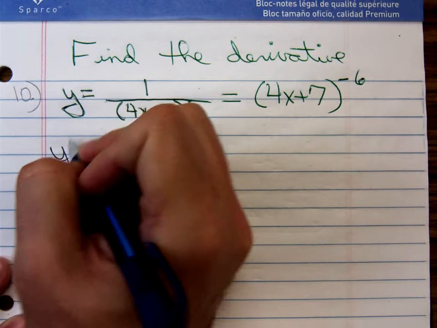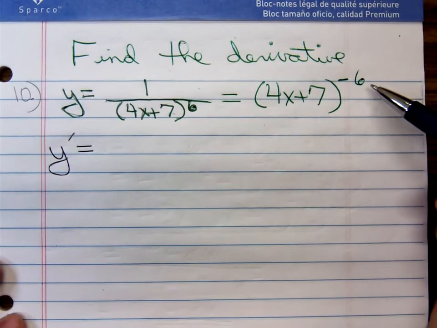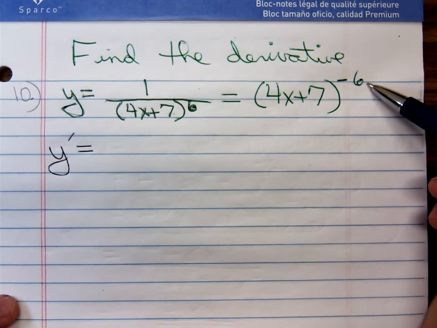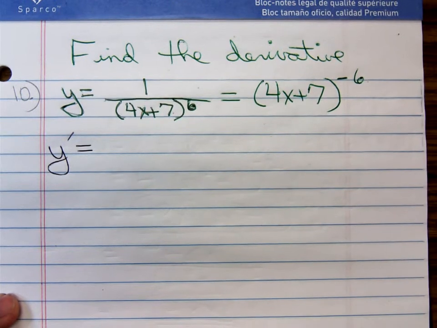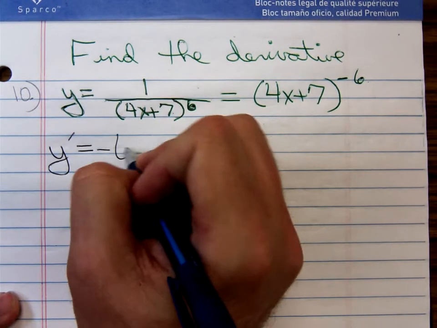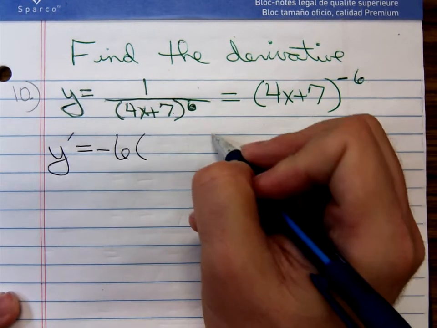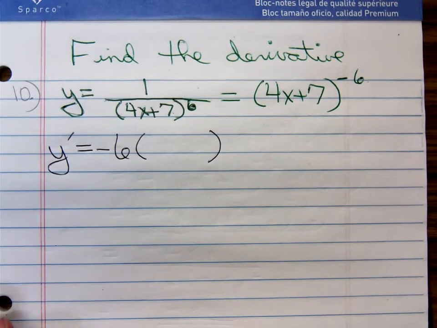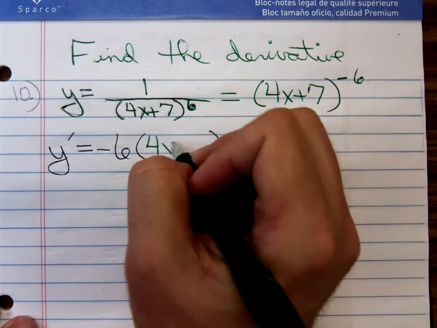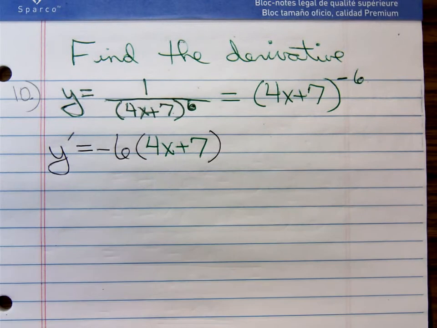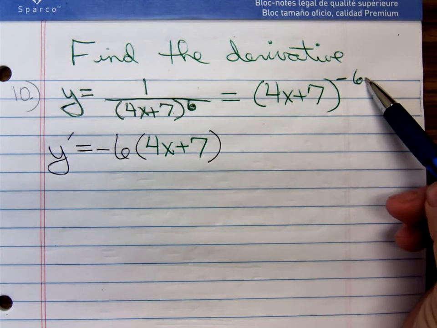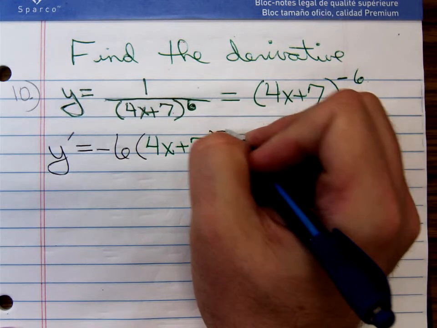Y prime is equal to. What do you do with the negative 6? Bring it down multiplying, okay? So 4x plus 7 stays as it is. The inside doesn't change. What power will we have now? Negative 6 minus 1 is a negative 7.